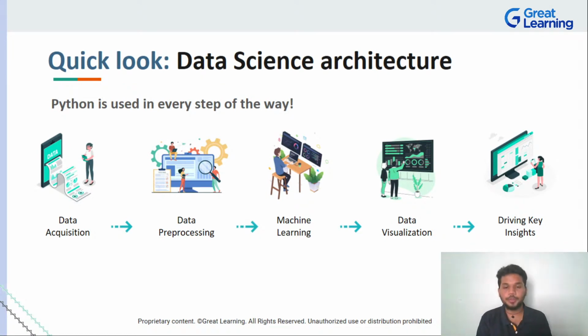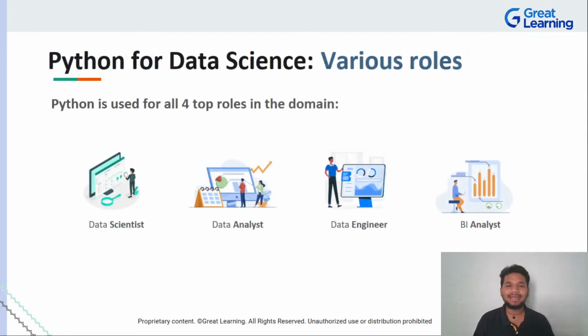While you guys put in more questions, I want to tell you about one interesting thing about Python: no matter which role, a data scientist will use Python, a data analyst will use Python, a data engineer or a big data engineer will use Python, and a business intelligence analyst working in the domain of data science will also use Python. So these are literally the top roles that you can have in data science.